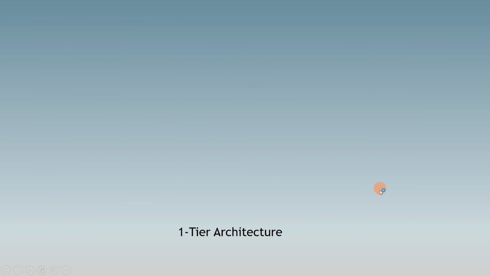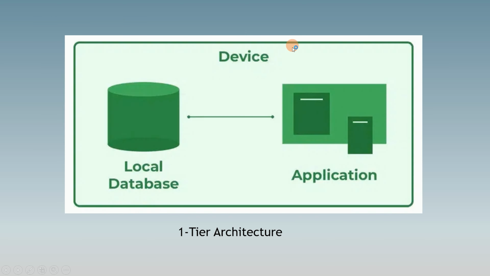You can see the 1-tier architecture here. This is your device if you consider it as a whole, and in the same device your local database is there and your application is there. So, you will use just one machine to manage your local database and your application, and that will be called as 1-tier architecture.